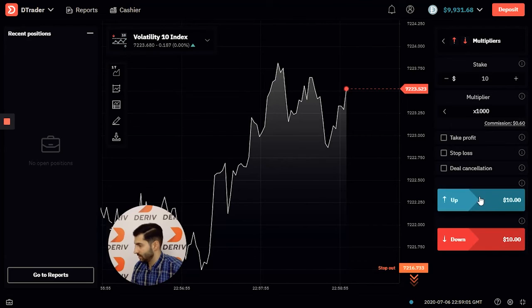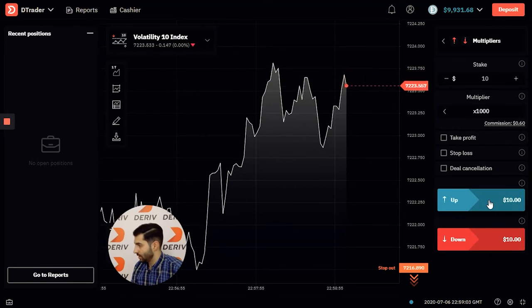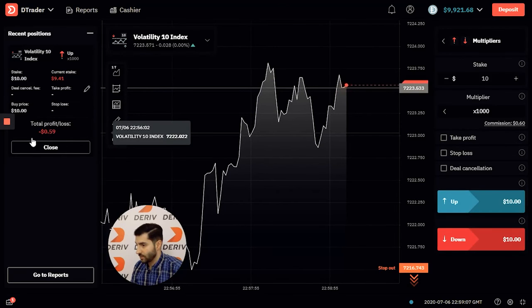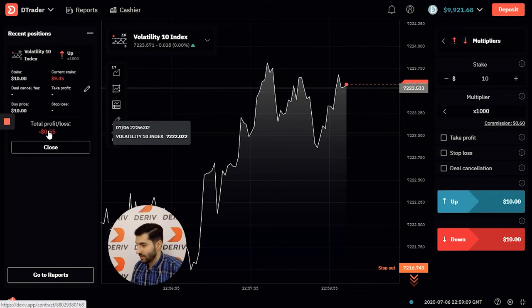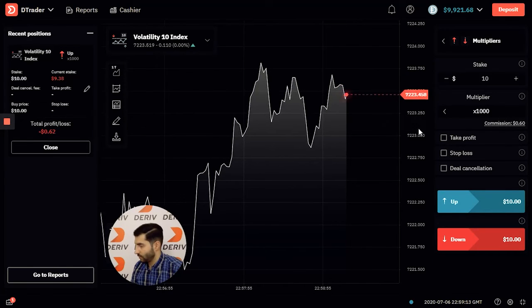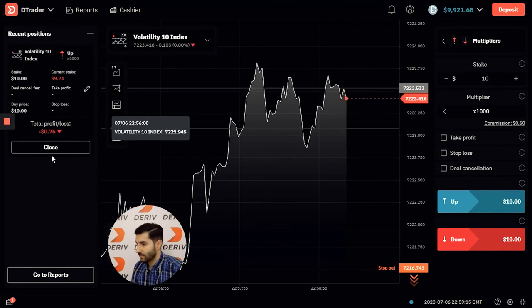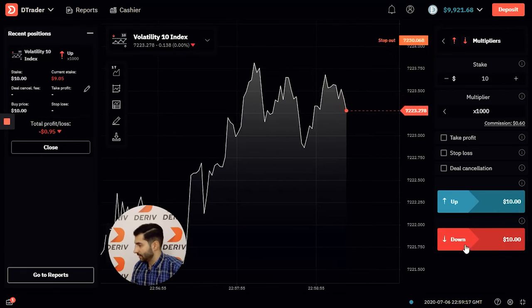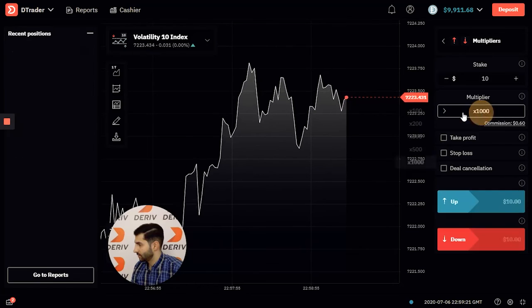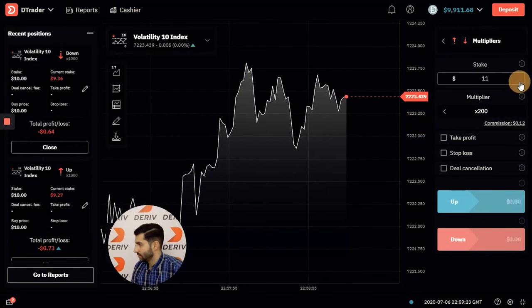The way it works is, and take quick note, as I start this contract here, it is immediately incorporated. It's worked into my total profit loss immediately. So it starts off as a negative amount for the commission, and that's how that works there. Let's just initiate a few more contracts, different ones.